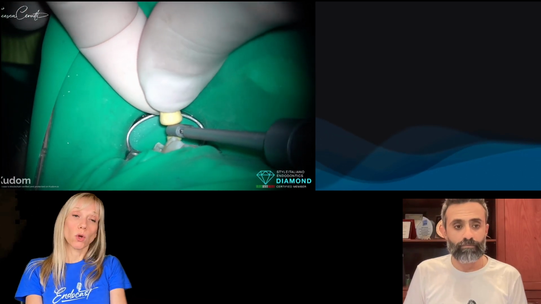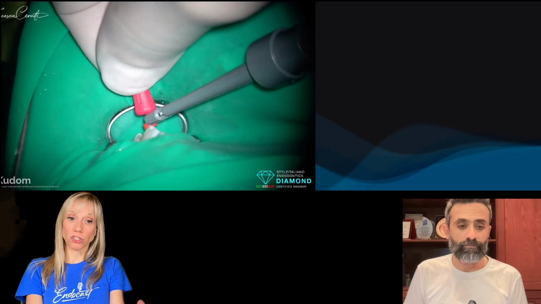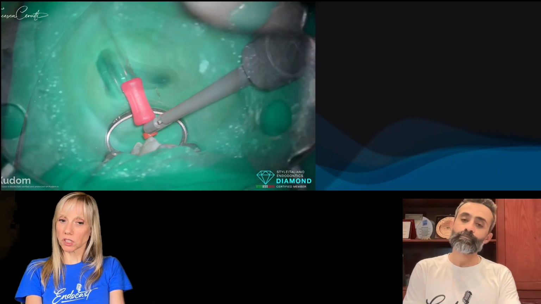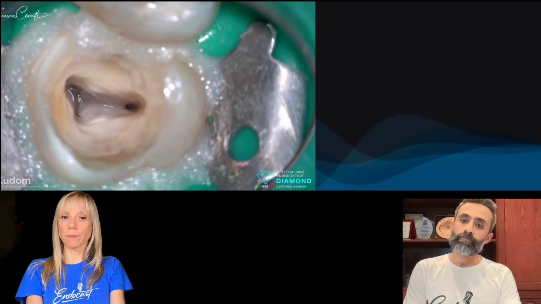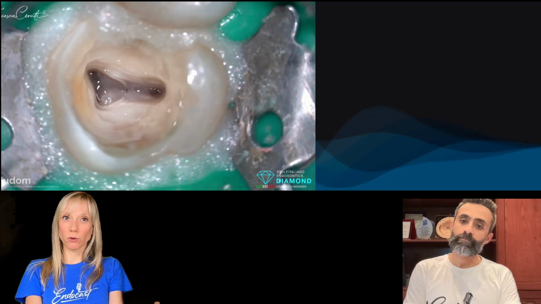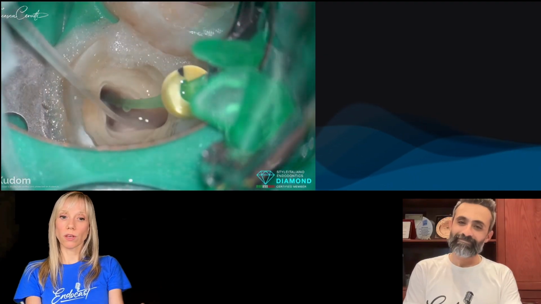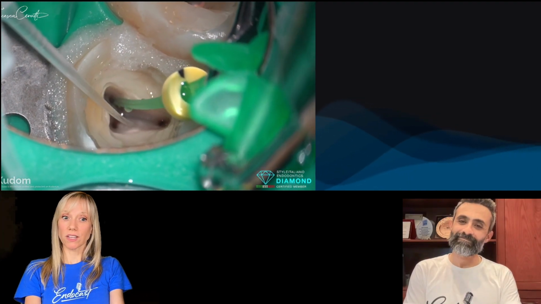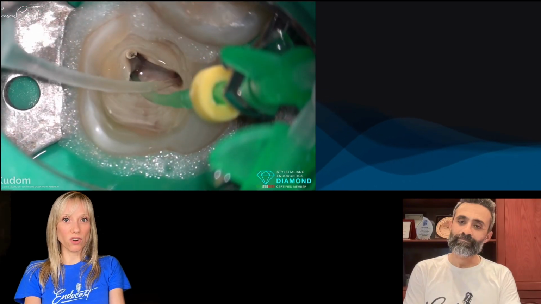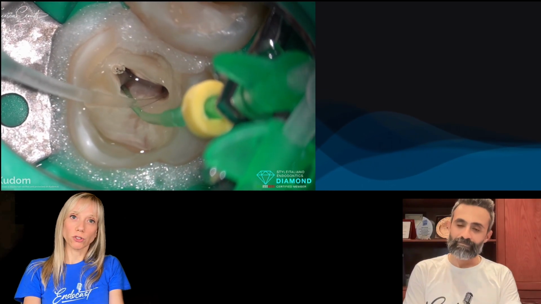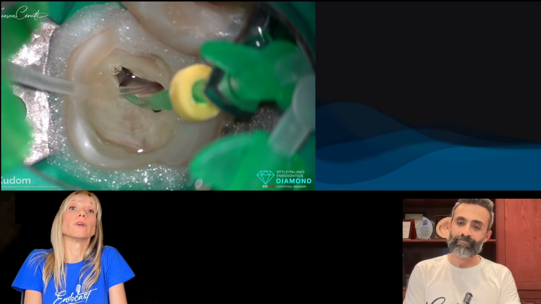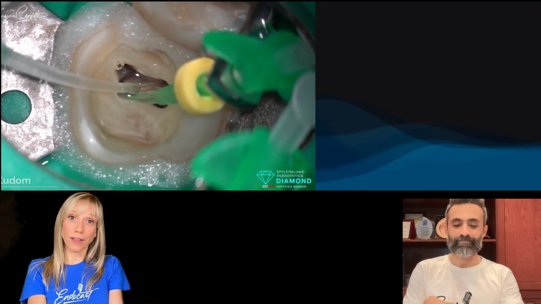And that's why we can use negative pressure irrigation. Look at this case. Here I'm doing the treatment in this tooth. You see that I'm checking with the Valsalva maneuver if there is a communication between the tooth and the sinus. And there is. So in this case, I cannot use anything different from negative pressure irrigation. Otherwise, when the patient breathes, he is going to inhale the sodium hypochlorite.